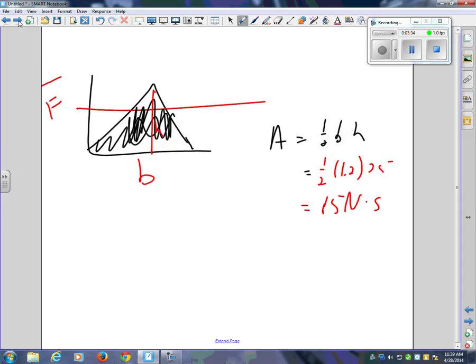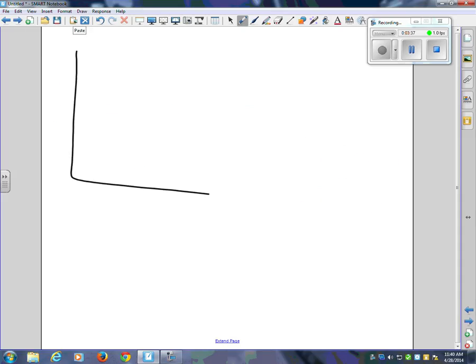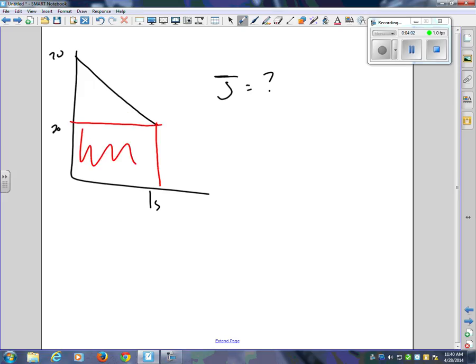The first graph starts at 70 and ends at 20, over a time of conveniently 1 second. So what is the impulse equal to? We're talking about area. So it would be a rectangle plus a triangle in this case.